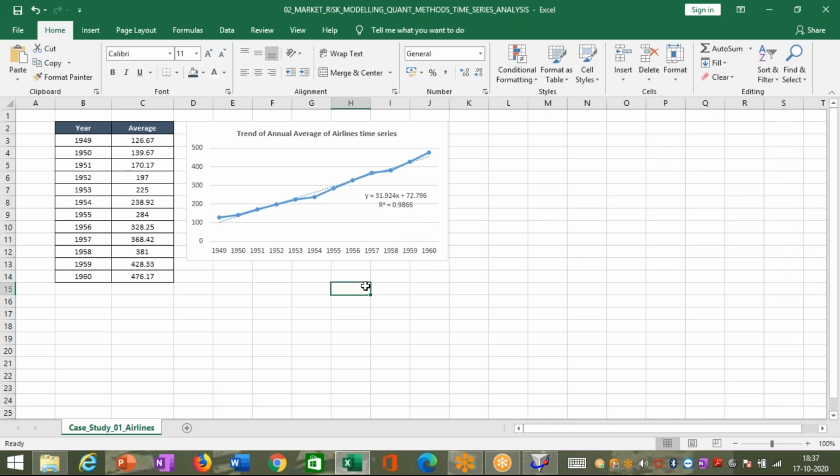Which clearly shows that this particular time series has a linear trend associated with it, right? So the airline time series clearly has a linear trend, and hence what we need to do is detrend that time series.